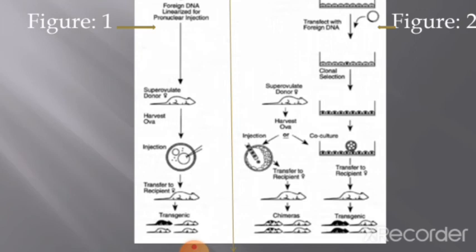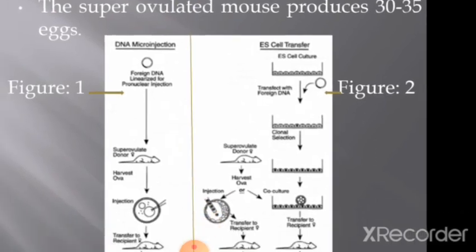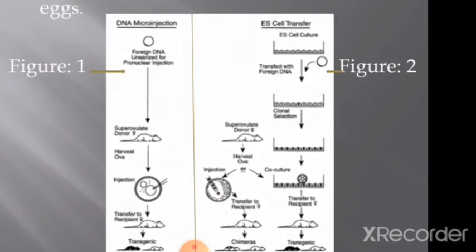And the black ones that you see here are the transgenic founders. These are the ones which have taken the gene of your choice and you can establish a transgenic mice line. Okay. So this diagram will show you the ES cell culture method. Production of transgenic mice by embryonic stem cell method.